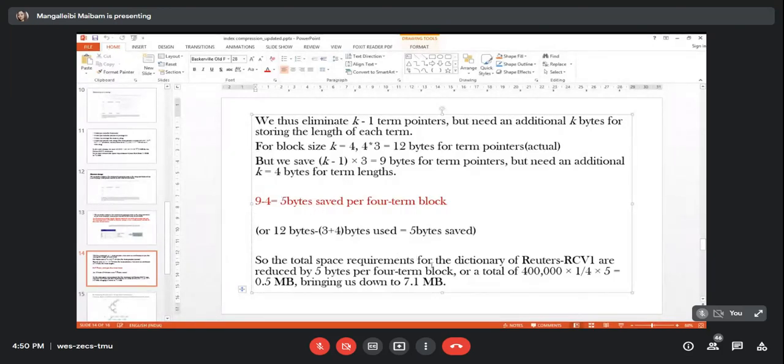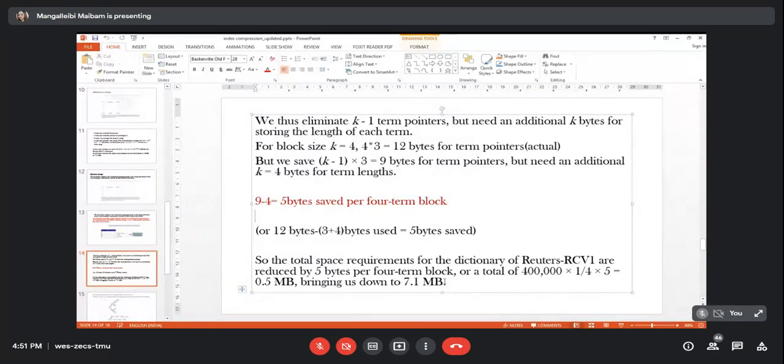So the total space requirement for block storage will be reduced by 5 bytes per 4 term block, or 4 lakh terms into 1 by 4 into 5. The 1 by 4 is because only the first term out of 4 terms is used, and 5 bytes is the reduced bytes.